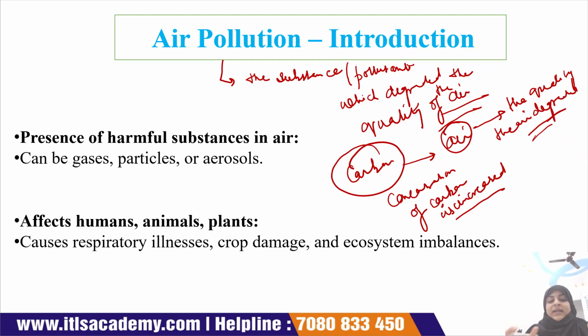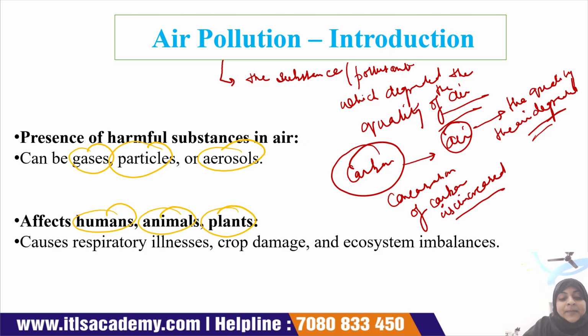That is known as air pollution, when the quality of the air is degraded due to the presence of harmful substances. These harmful substances can be present in the form of gases, particles, or aerosols, and they can affect humans, animals, and plants.